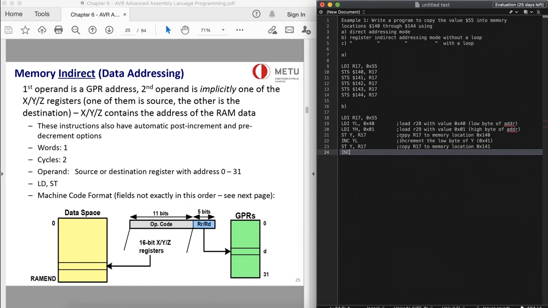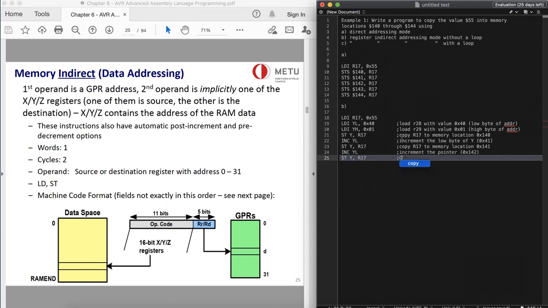And then we increment YL again, the low byte. So let's say increment the pointer. And that's going to be 0 hex 142. And we have to store R17 into Y.